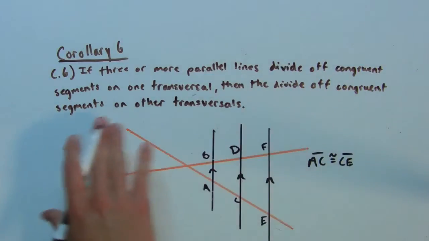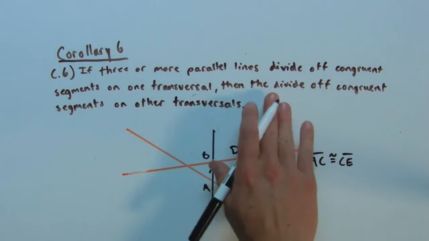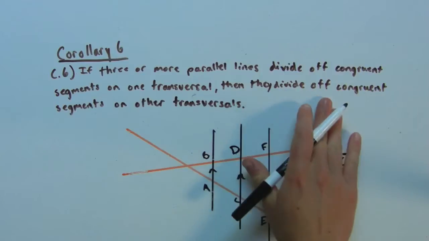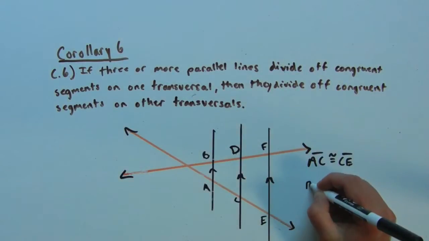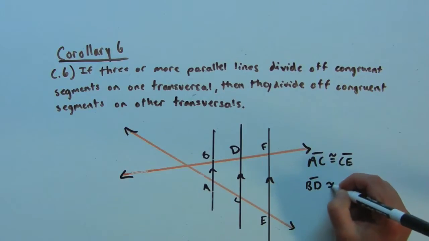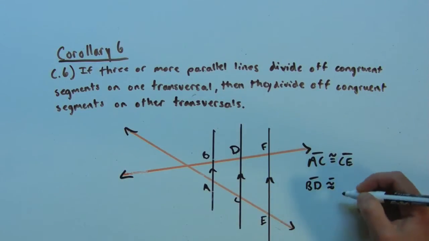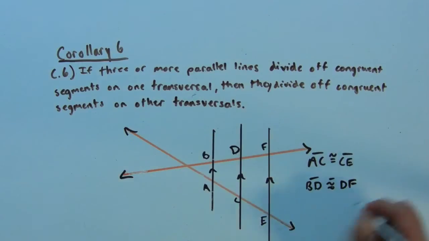So they divide off congruent segments on one transversal. Then they divide off congruent segments on other transversals. So now BD is congruent to DF.